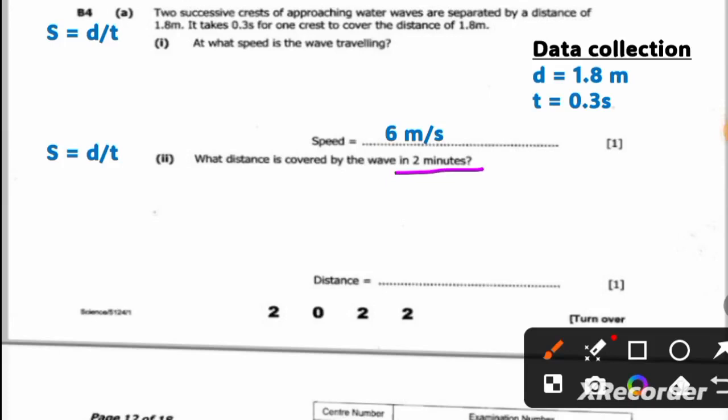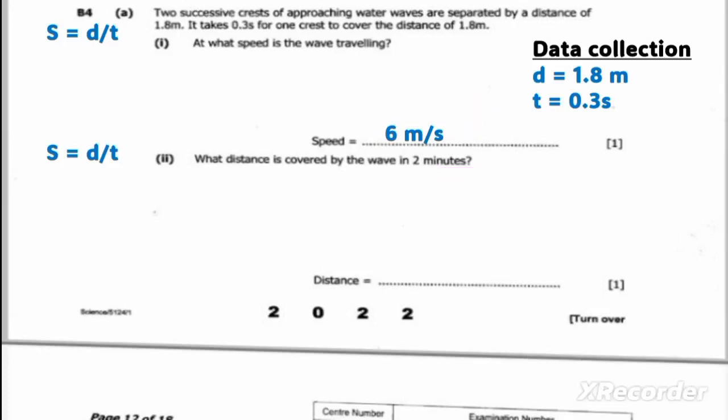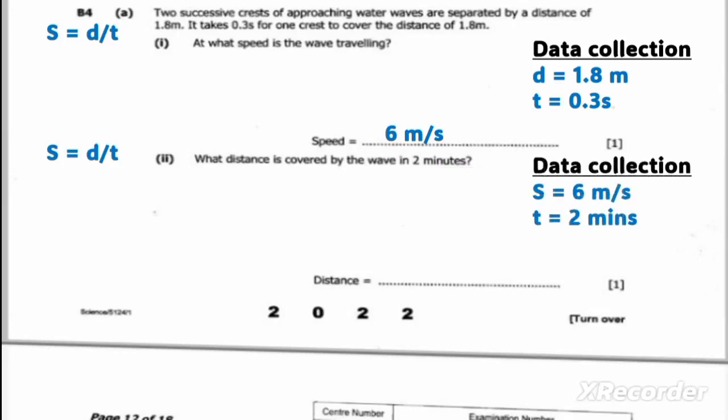We also have speed, so we use the same speed, which is 6 meters per second. Data collection: speed is equal to 6 meters per second. Time is equal to 2 minutes. In order to find the distance, we need to convert our time into seconds.